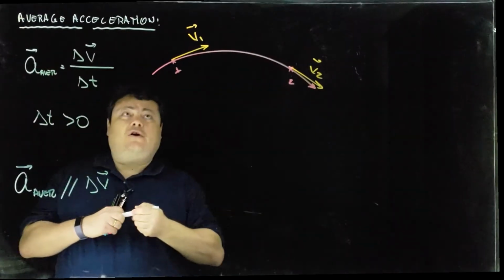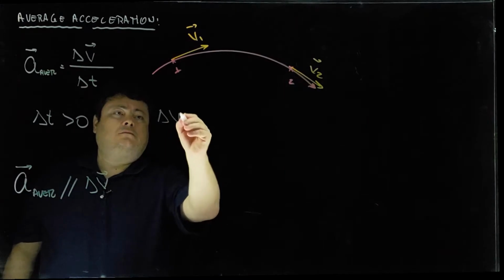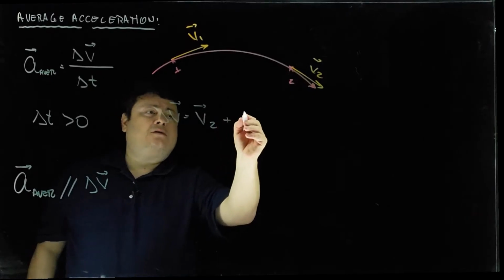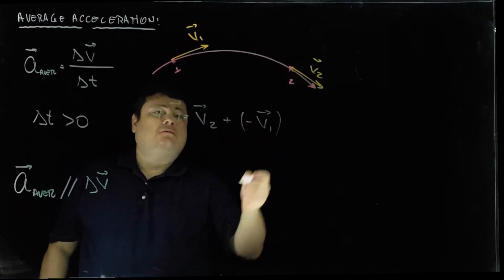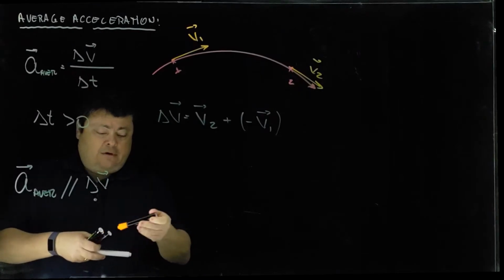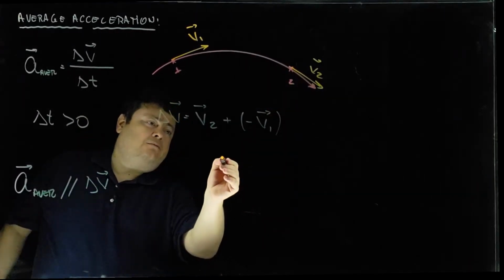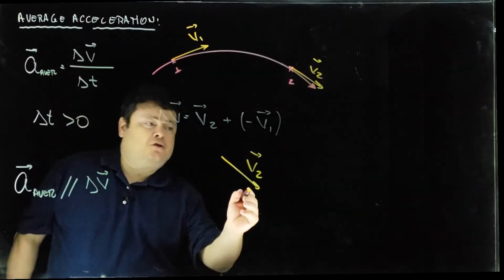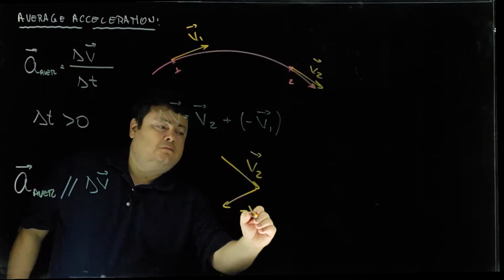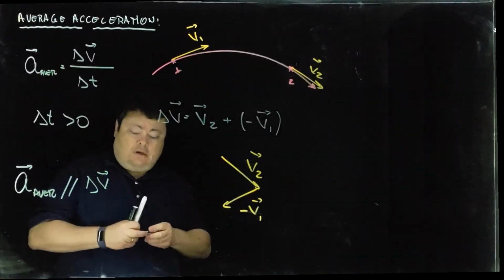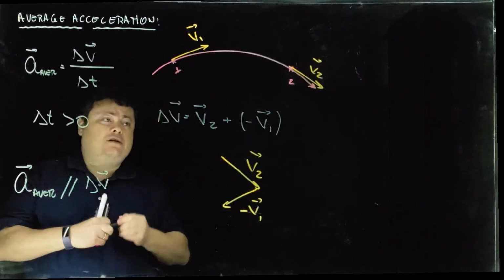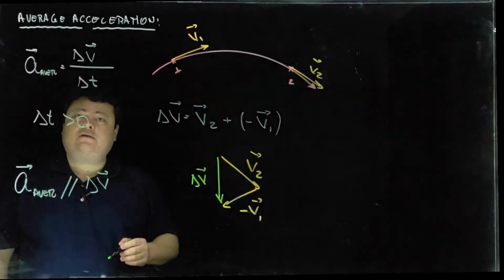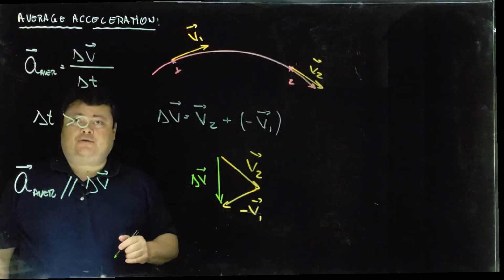Well, the change in velocity, delta v, is equal to v2 plus the opposite of v1. So I have v2 slightly down, and v1 was slightly up. The opposite of v1 is going to be somehow this way. And then the change in velocity, delta v, points down this way in my picture.